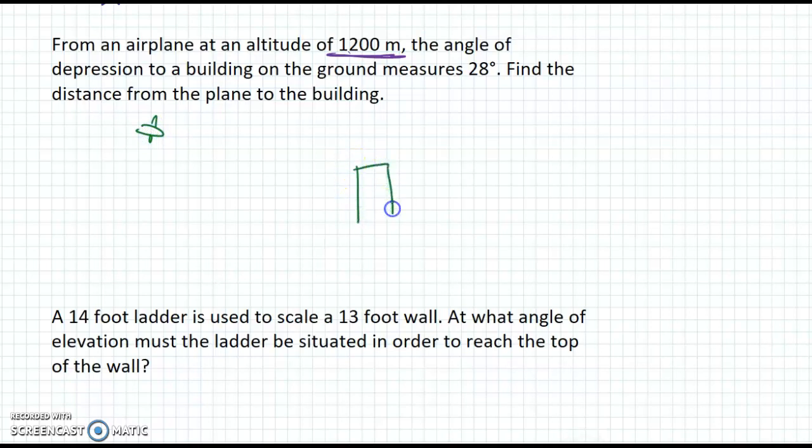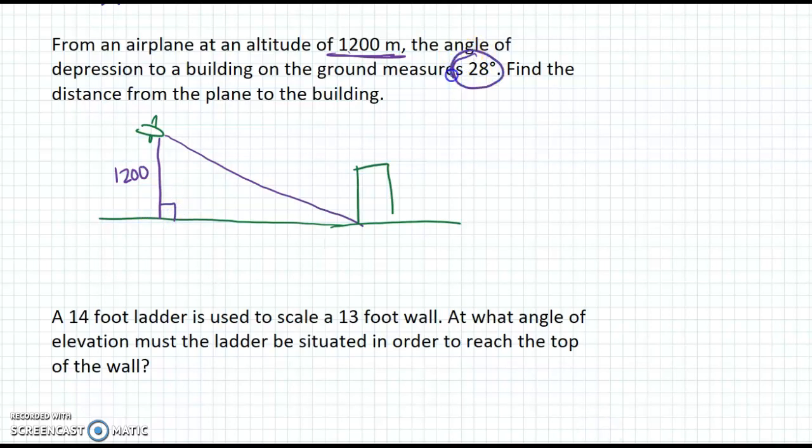And there's a building over here, and we have the ground. Now, imagine there's an imaginary line connecting these two things. We know that the airplane is 1,200 meters in the air. And here's my right triangle.